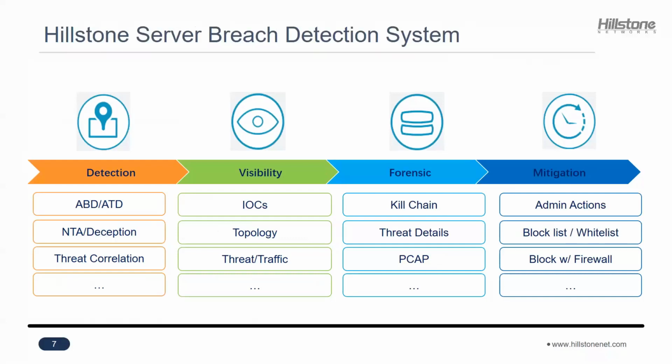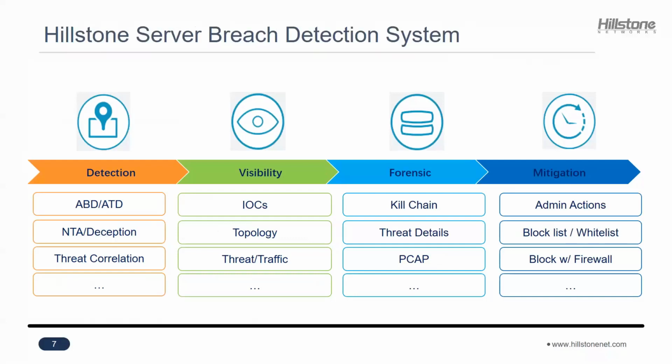After the detection engine flags, we provide the administrator with comprehensive visibility of the IOCs and also the traffic itself, and some other information. Threat visibility is very important so that the administrator can conduct threat hunting, threat analysis, and mitigation very effectively.